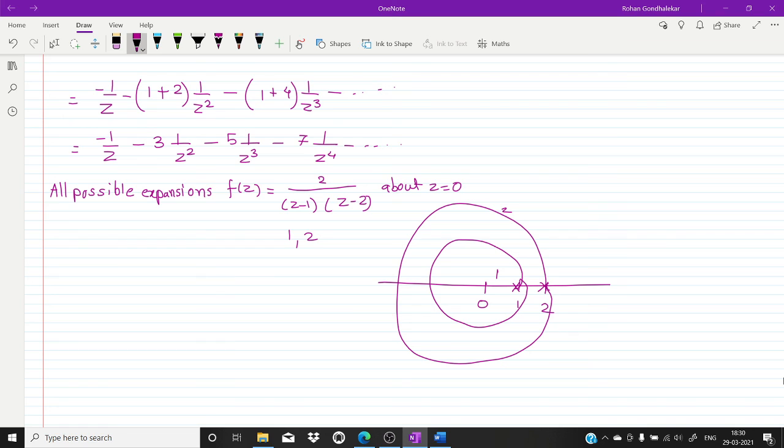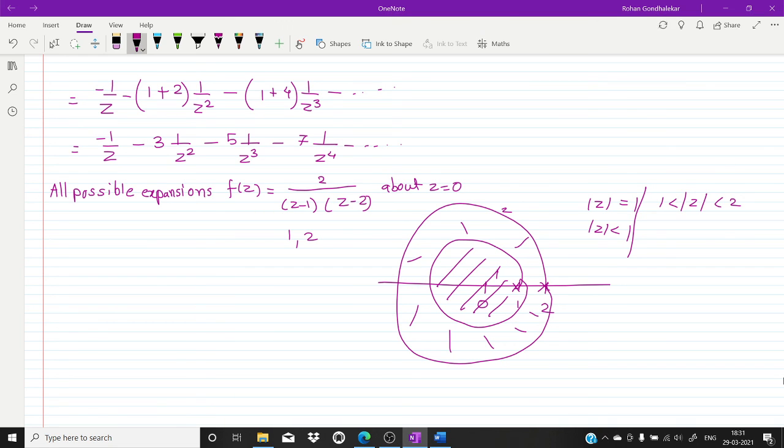Now what are the regions of convergence? See, inside this region, is your function completely analytic? Yes, because the center is not a singular point. So what is the equation of this circle? Mod z is equal to 1. Hence the region will be mod z is less than 1. Clear? Now go for this middle region. This region has the points which are at a distance greater than 1 and less than 2.